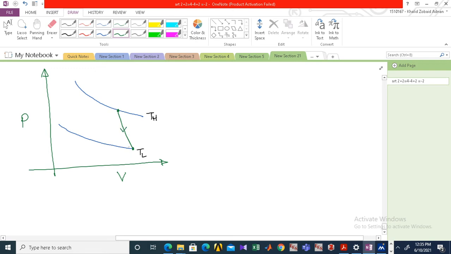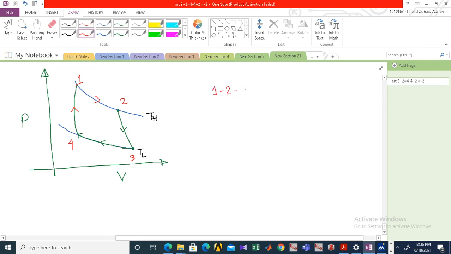Okay, then after isothermal compression, it goes here, and after that, to complete the cycle, we need to again compress it and reach the initial temperature point, which is 1, 2, 3, 4. Okay, so this is it.